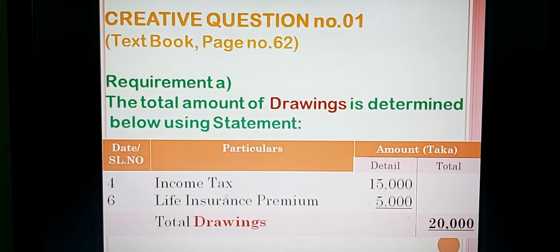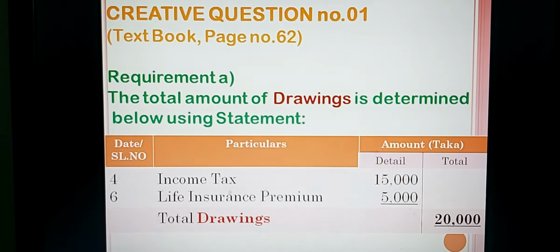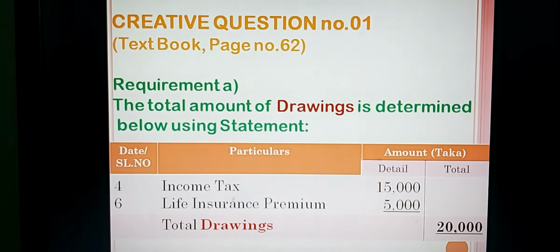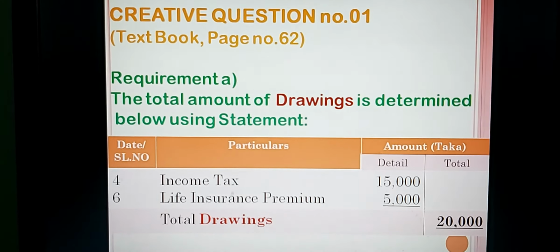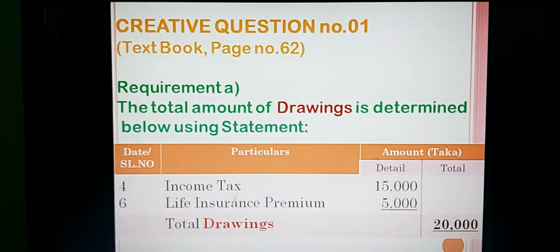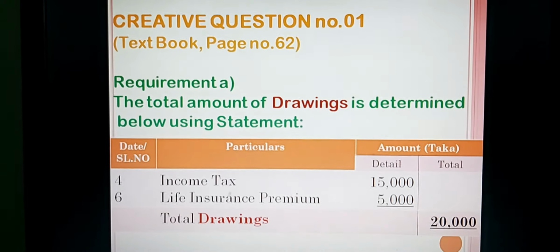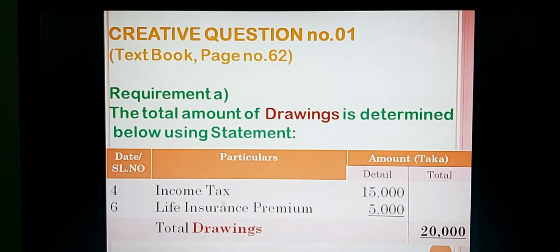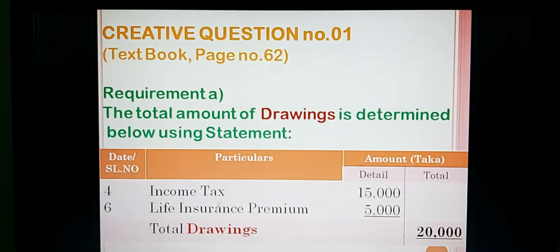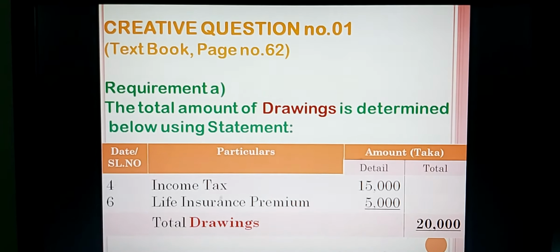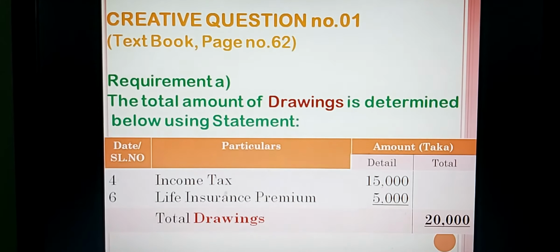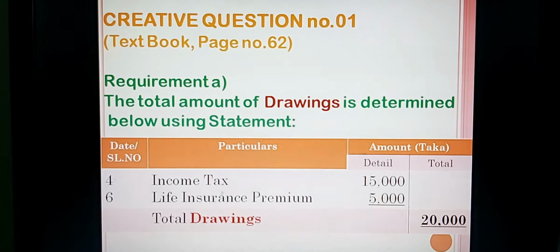Date or serial number, particulars, amount taka detail, amount taka total. So drawings amount, how to find out? We have already known from the previous lecture, which was delivered by me.